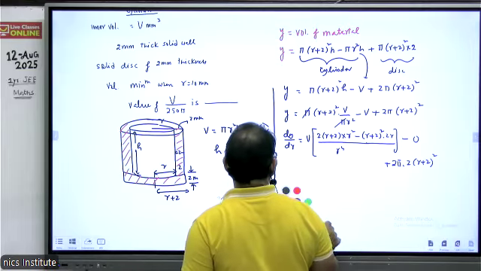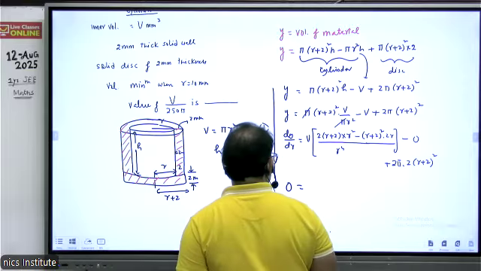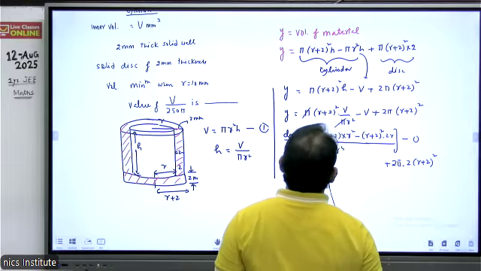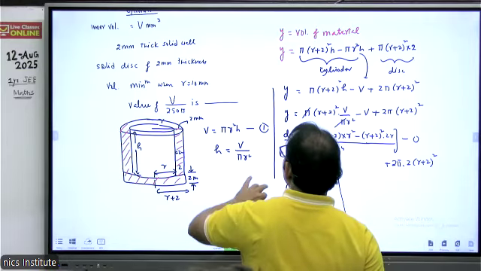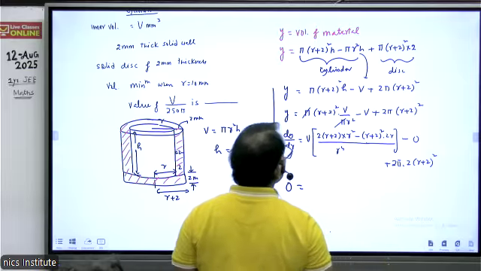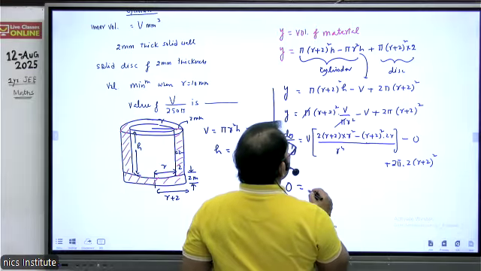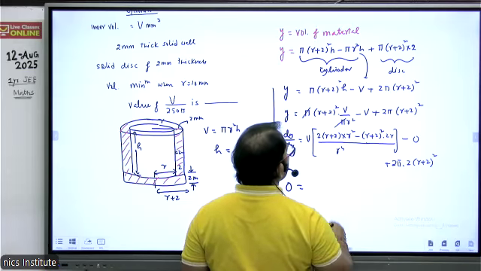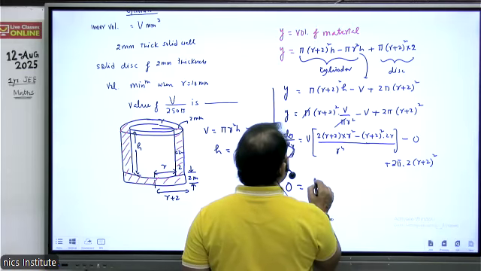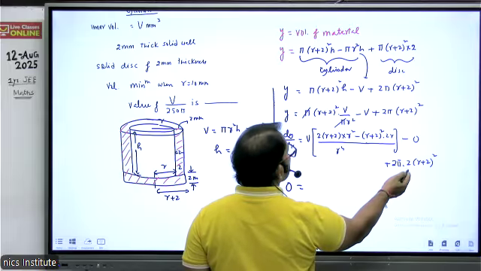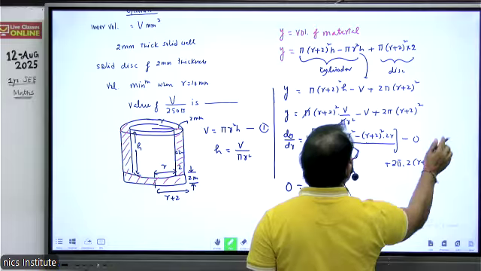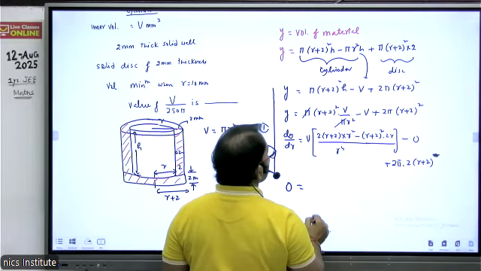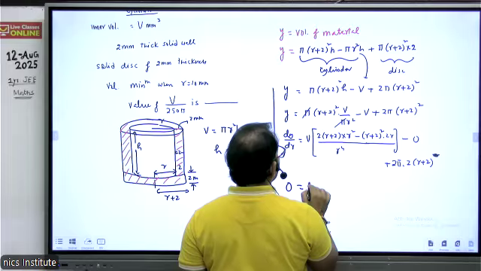Now you can substitute dy by dr equal to 0 because we have to minimize the volume, and you have to also replace r by 10. Where do I cancel this? Acha, this one. So this is v.